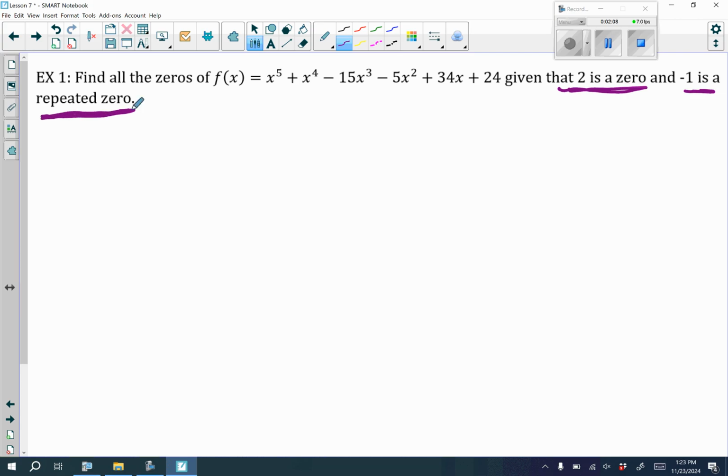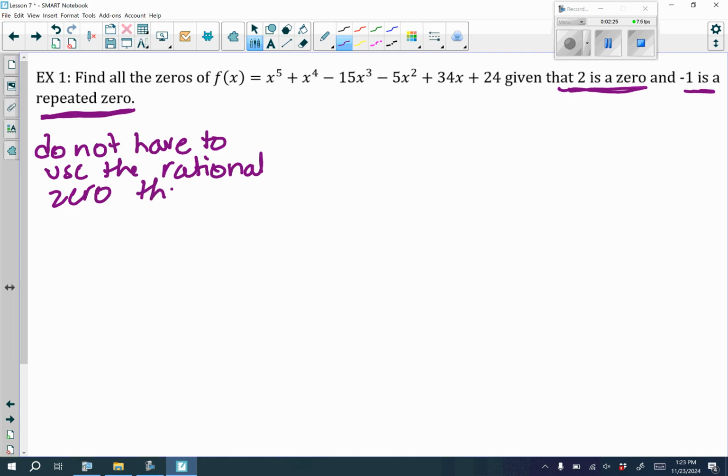So since they have already given us the zeros, we do not have to use the rational zero theorem. What we go straight to is synthetic division. Now, you may be wondering, how do I know which one to use first, 2 or -1?